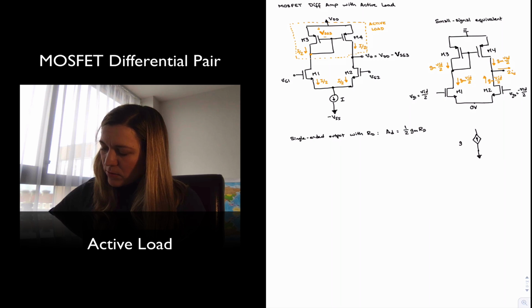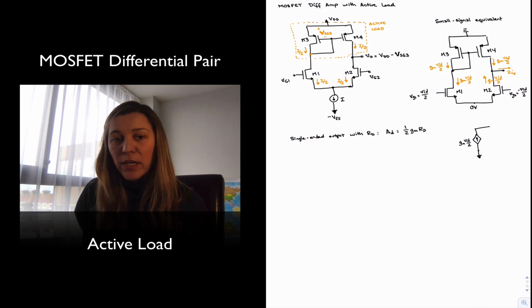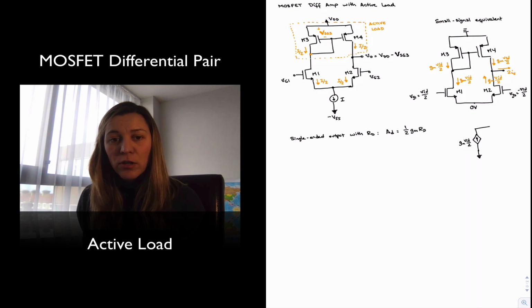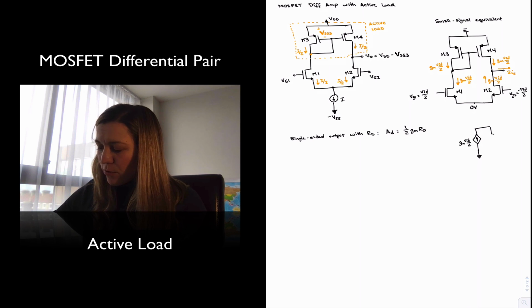It's going to be GM VID over 2. And the only place that it can typically flow, since if we connect the DFAM to the gate of another MOSFET transistor, the current going into the gate is going to be equal to 0, is through the output resistances of these transistors. And this will be Rout 4.